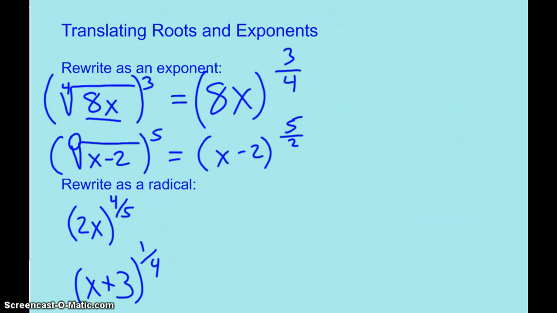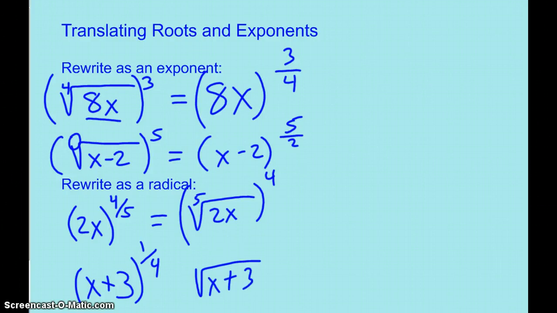Going the other way, if we're starting with a rational exponent and we need to write it as a radical, we would put our root, it's the fifth root, and we're going to take that to the fourth power. For our last one, if I have x plus 3 to the 1/4 power, I'm going to have a root of x plus 3, and that's a fourth root. And then to take it to the first power is unnecessary, so that will be our solution.